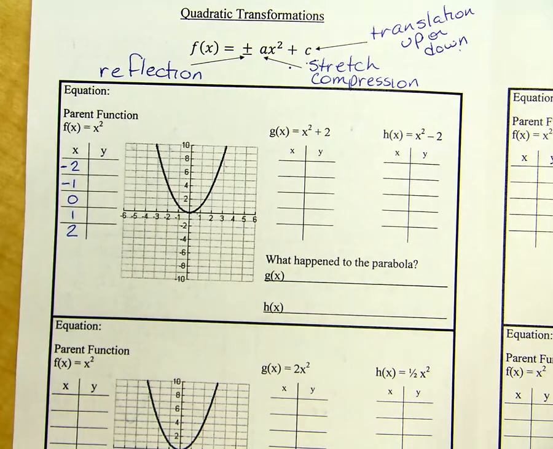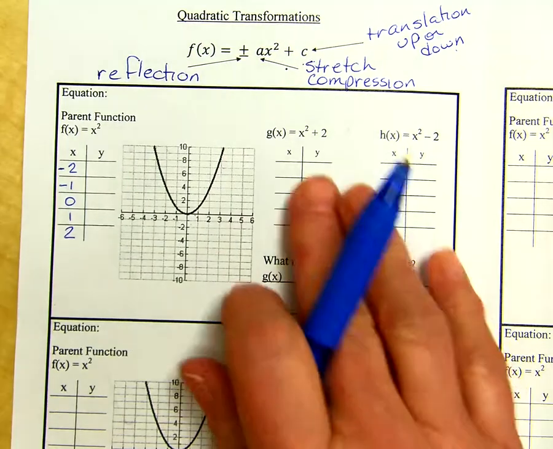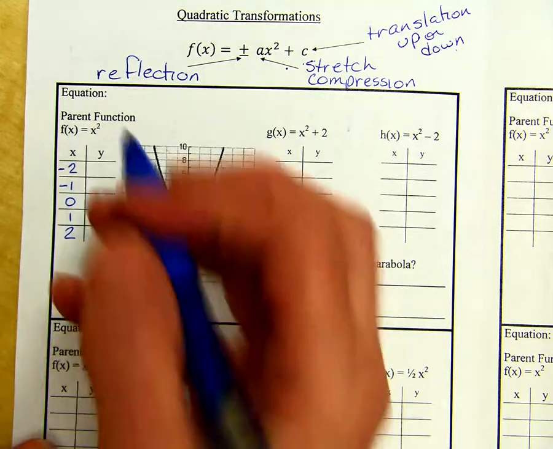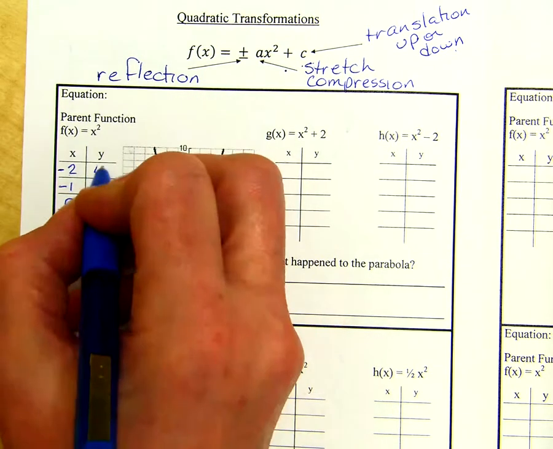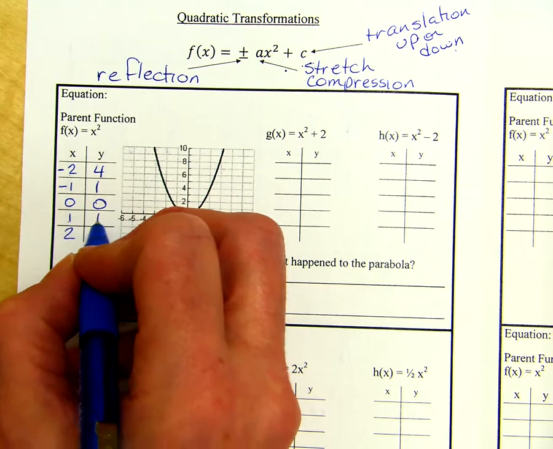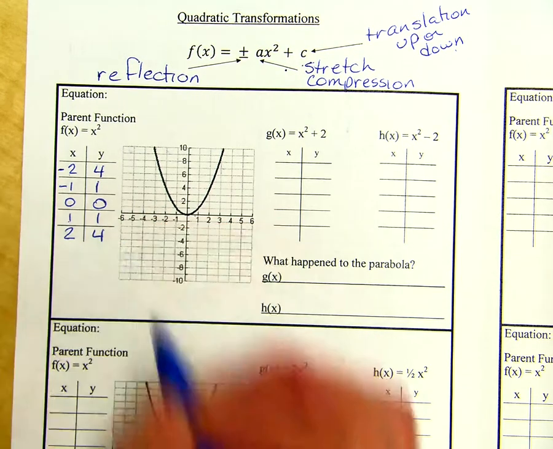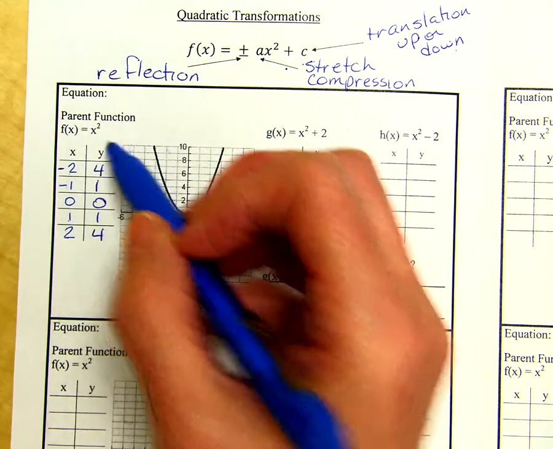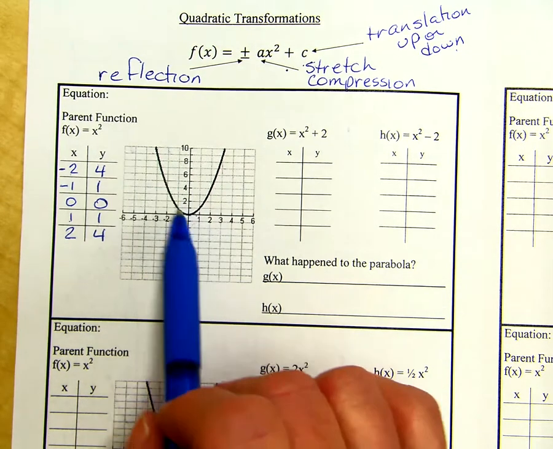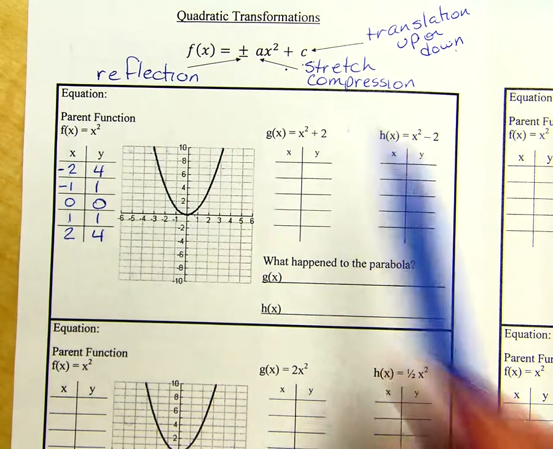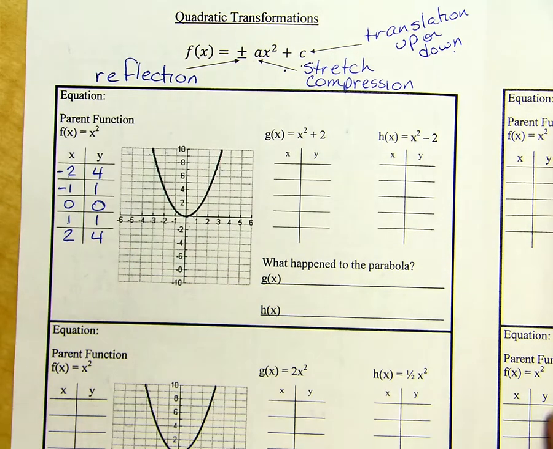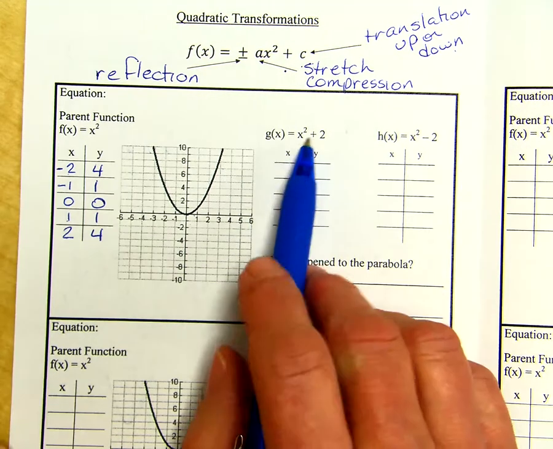The parent function is already graphed for us, but no, we need to find the y values here. -2 squared is 4, -1 squared is 1, 0 is 0, 1 is 1, and 2 gives us 4. So this is a part of the data set to get our points to graph the parent function. And this will remain the same throughout all of the examples.